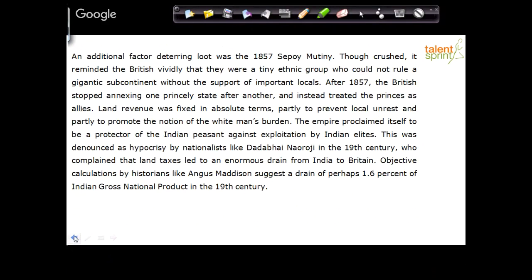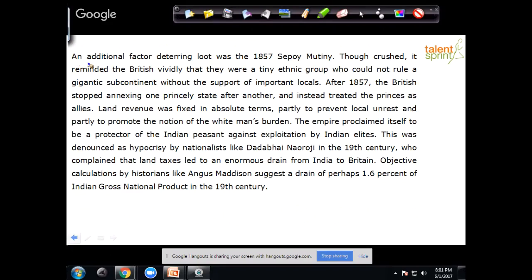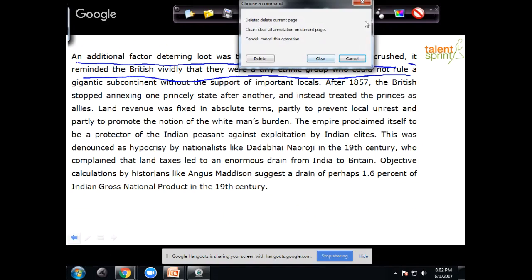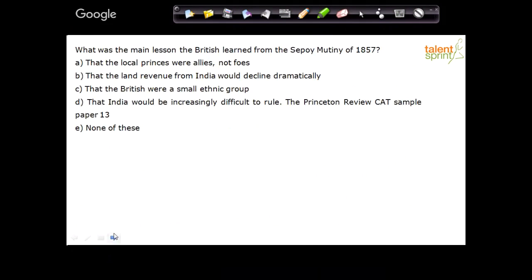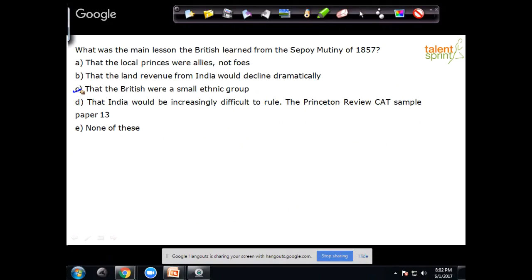There you go. An additional factor deterring the loot was the 1857 Sepoy Mutiny. What does it do? Though crushed, it reminded the British vividly that they were a tiny ethnic group. That's our answer, option C, that the British were a small ethnic group.